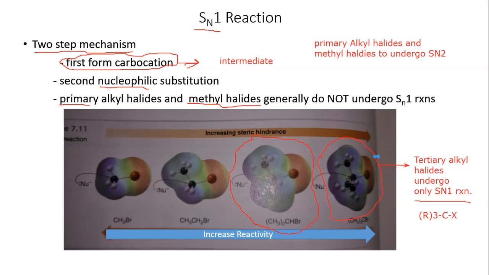Now if we go backwards, in this direction, the least substituted prefers SN2 reactions.